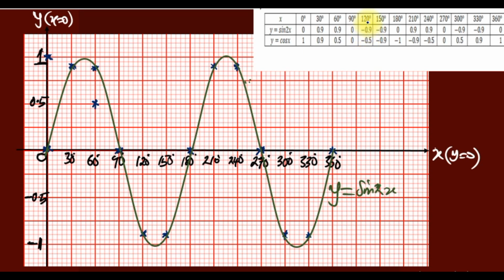When it is 120, you have minus 0.5. So 120, minus 0.5 is down here. When it is 150, we have minus 0.9. That same point here. When it is 180, we'll have minus 1. So we have this.